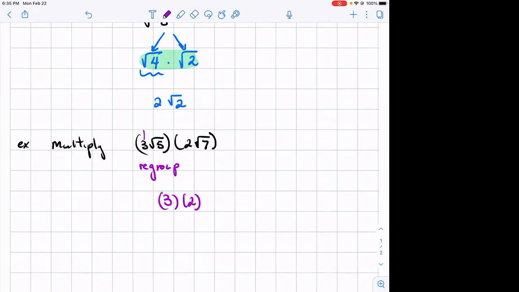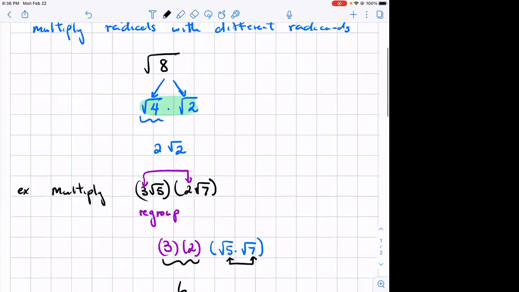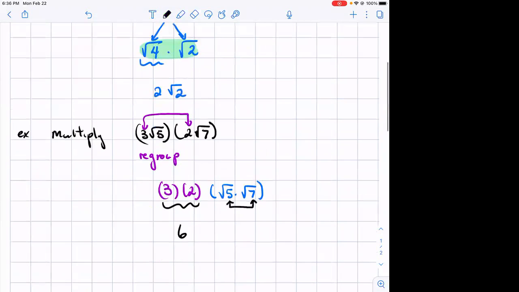What I'm doing here is taking what we generally consider the coefficients, and then we multiply the radicals, radical 5 times radical 7. So 3 times 2 gives 6, and radical 5 times radical 7 becomes the root of 35. This is the multiplication process.